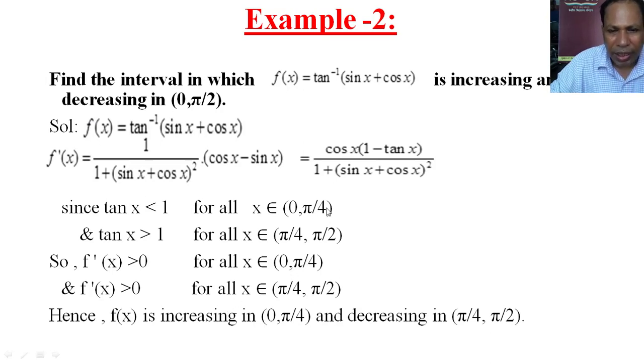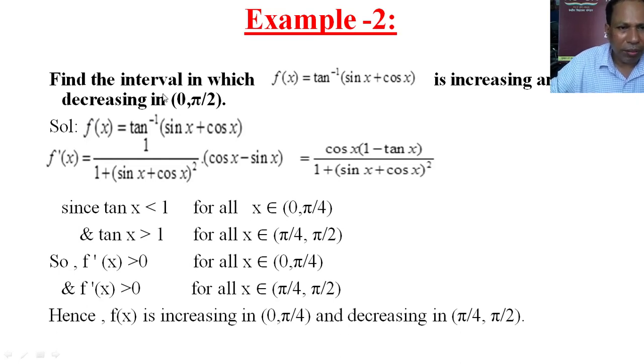Similarly, if we take the interval pi by 4 to pi by 2, we find that 1 minus tan x is negative and cos x is positive. So positive into negative becomes negative, and negative by positive becomes negative. So f dash x is less than 0 for all x belonging to the open interval pi by 4 to pi by 2. So the function is decreasing in the interval pi by 4 to pi by 2.